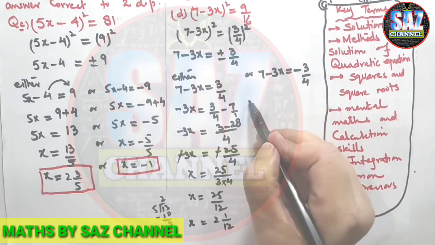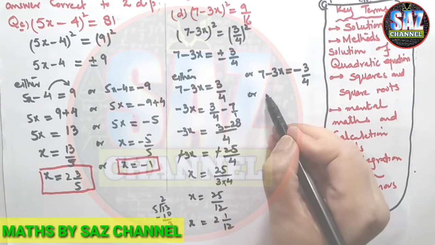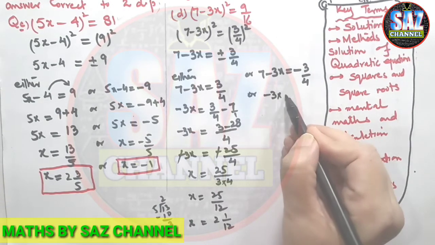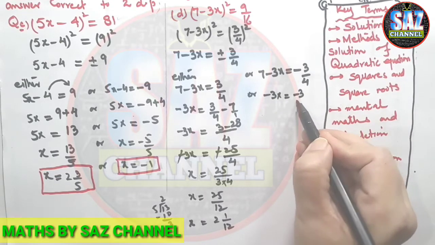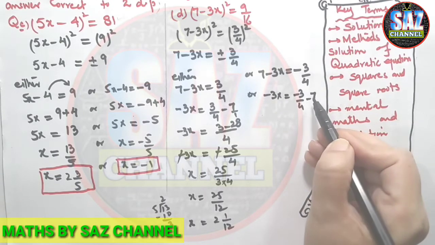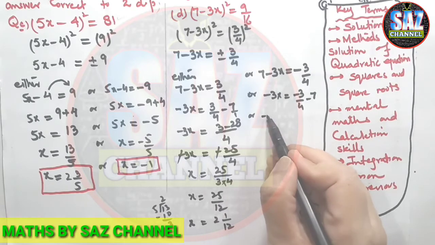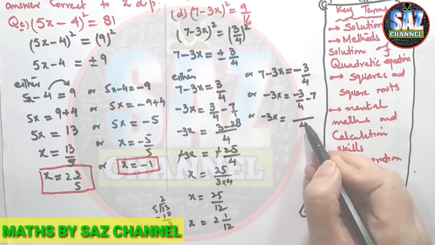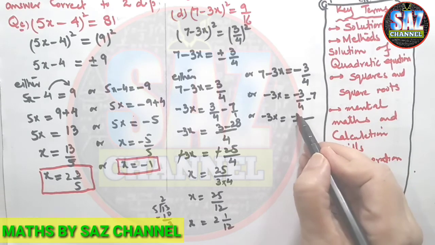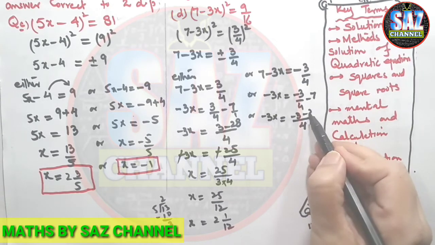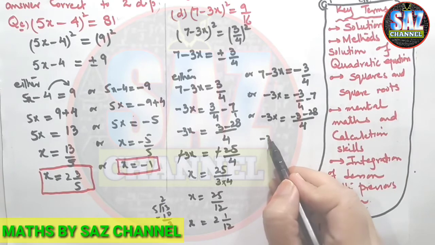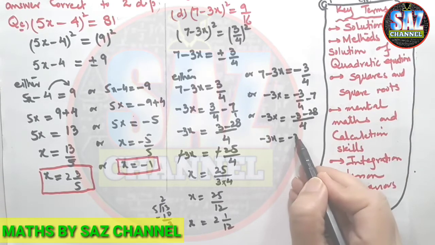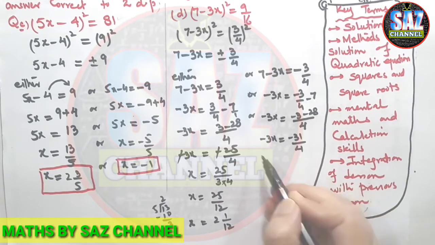Coming to the other part, I will have -3x = -3/4 - 7. Again take the LCM because this part is similar to the previous part, -3 and -28. -3x = -31/4.